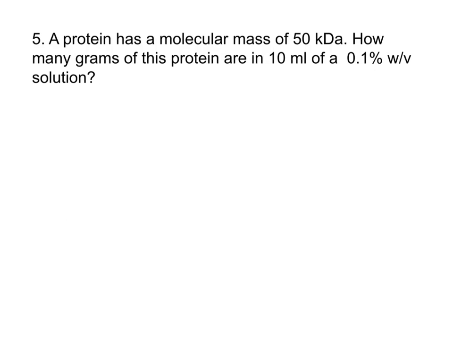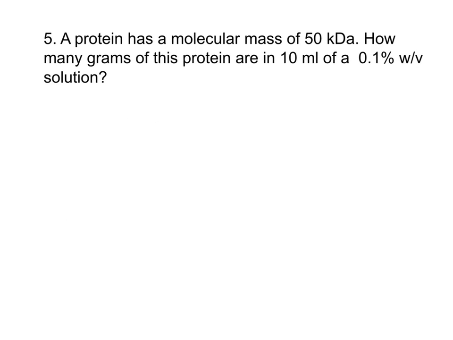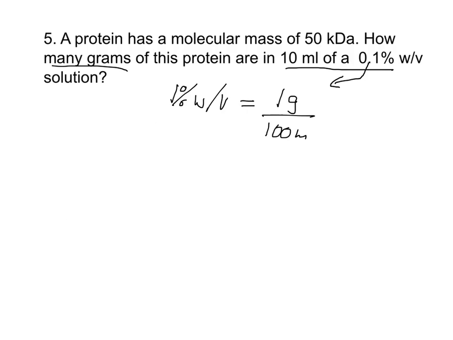In this question, we are looking for how many grams are in this protein solution of 10 milliliter of a 0.1% weight per volume solution. Now, first of all, let's remember, what does 0.1% actually mean? 1% weight per volume solution means we have 1 gram of compound in 100 milliliter of usually water or solvent.